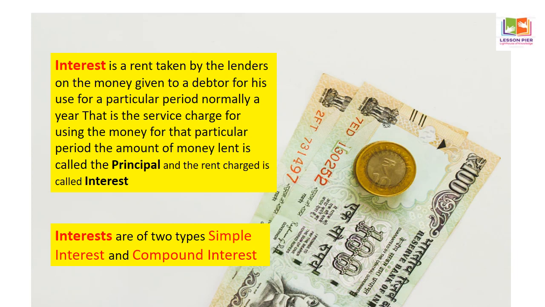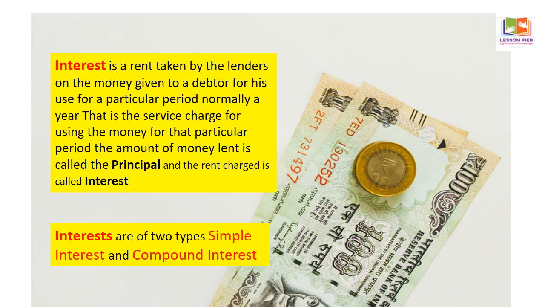Now we will just define interest. In the simplest words, interest is the rent taken by the lenders on the money given to the debtors for their use for a particular period. Normally it is a year. This is the service charge for using the money for the particular period.